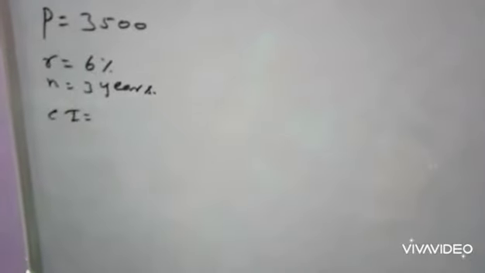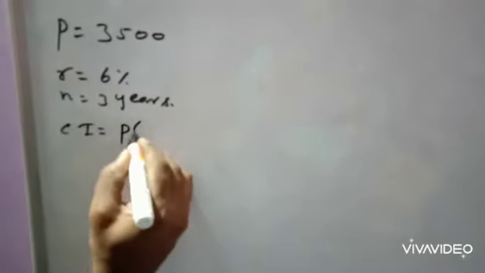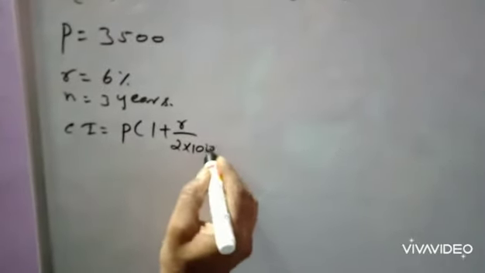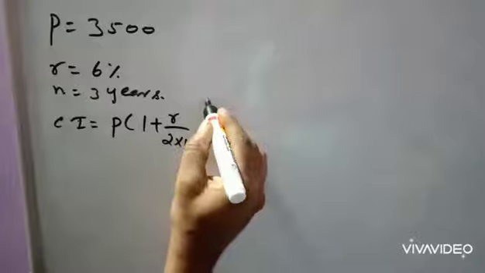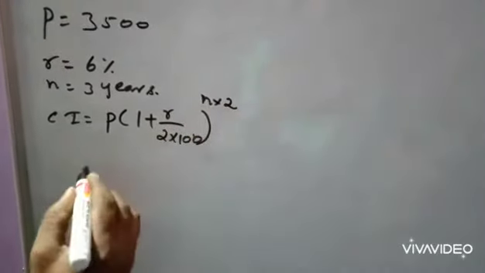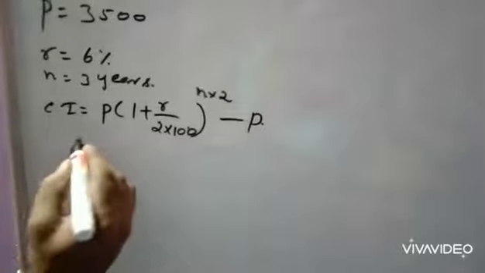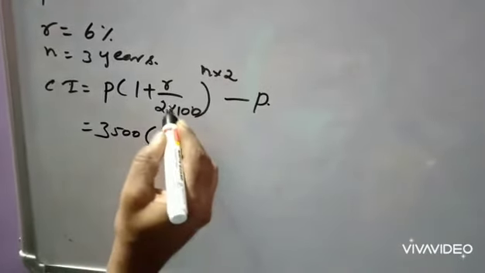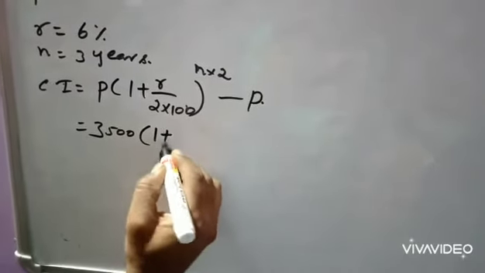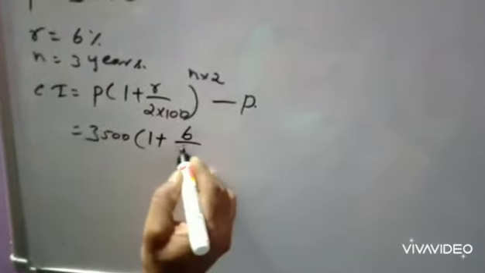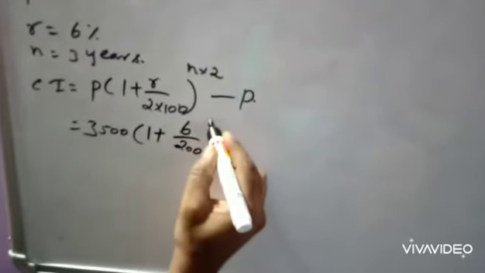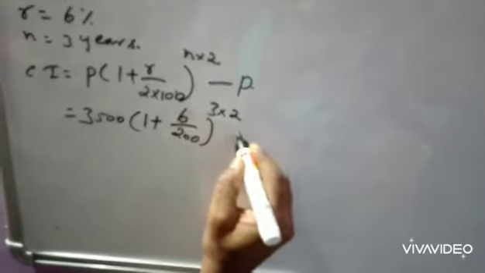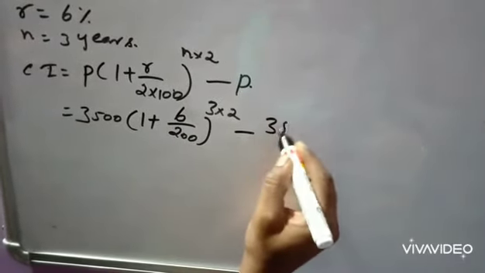The calculation is happening half-yearly, so power n into 2. So we can apply the values here: 3500 into (1 plus R 6 by 200) power (3 years, 3 into 2), minus 3500.